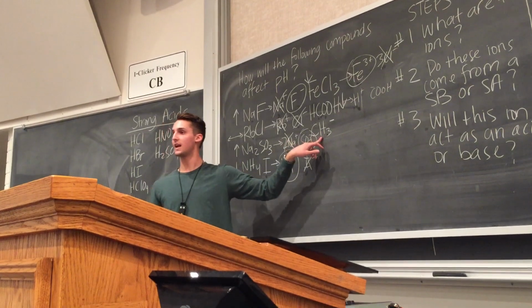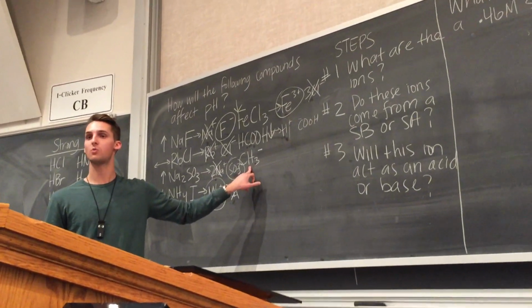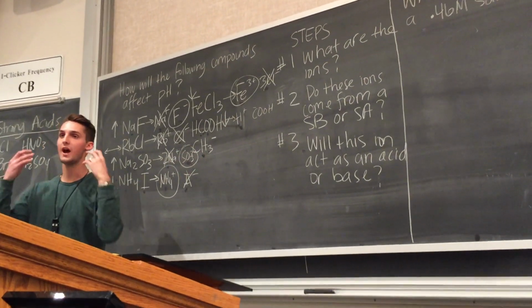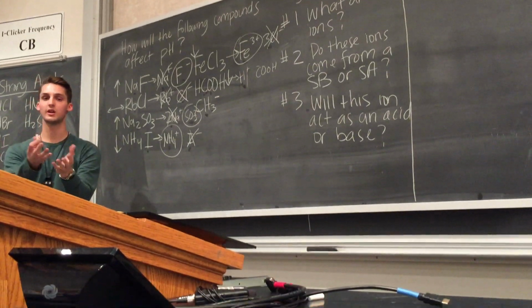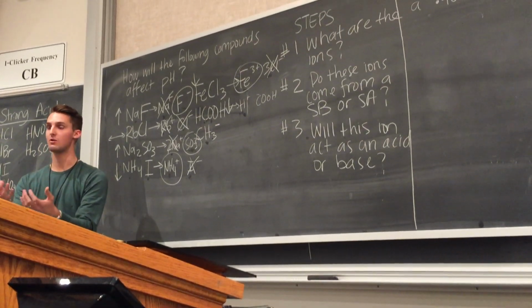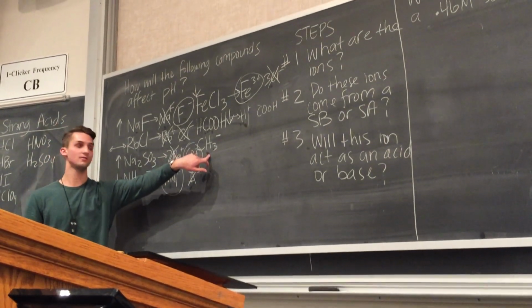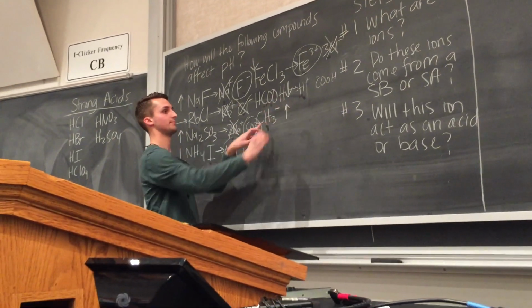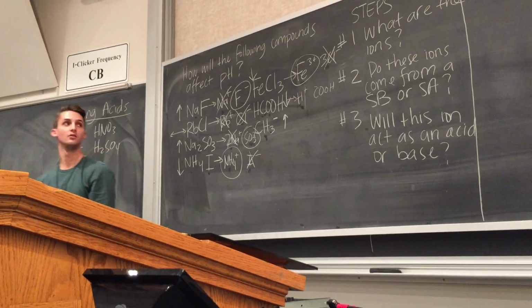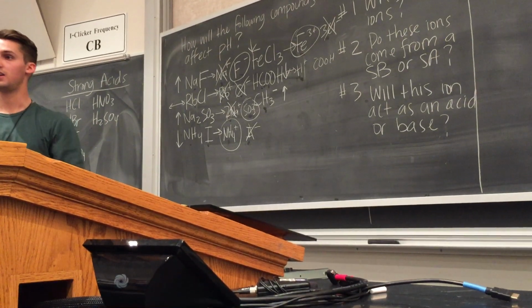And it's more of an organic chemistry base, but we just want to point out that you have this knowledge that you can just look at a molecule and see whether it's going to act like a base or an acid. So this one would act like a base, so it would raise the pH. Okay, yes?